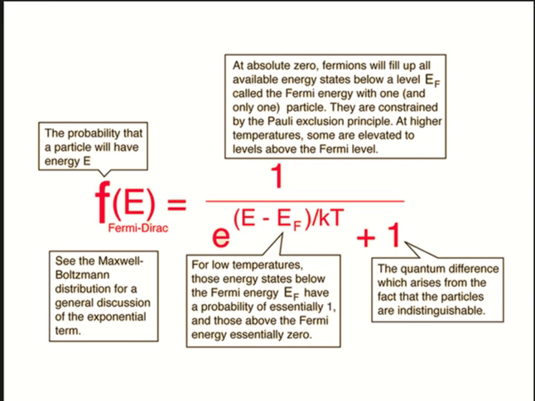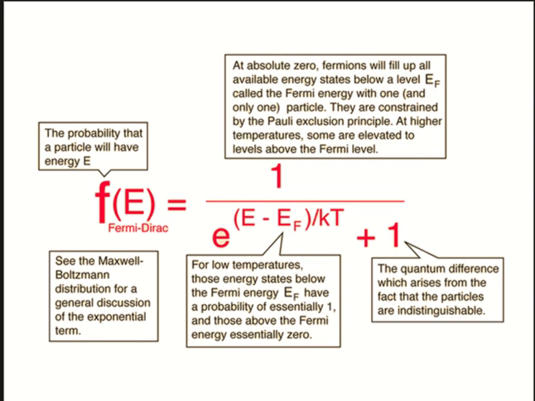If E is much less than EF, so this will become e to the power minus EF, and so the probability of particles having electrons, this whole term, this will be almost very close to 0. So this is what happens when the temperature is 0.